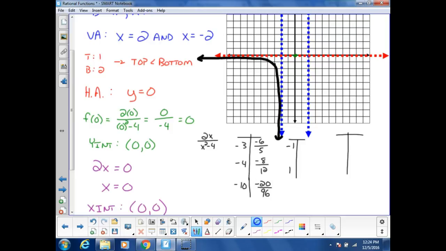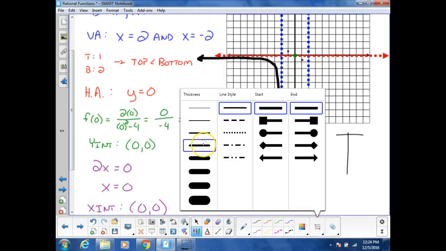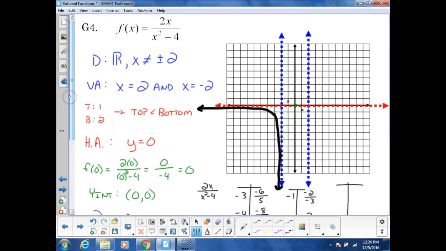If I put in negative 1, I get negative 2 over negative 3, which is positive 2/3. If I put in positive 1, I get 2 over negative 3, which is negative 2/3. So that tells me that this portion of the function waves on through like that.